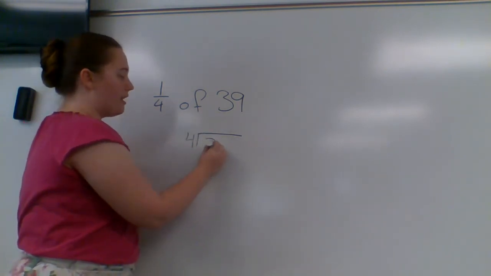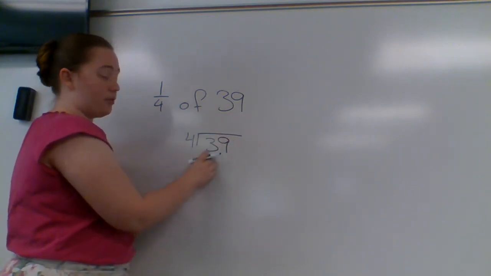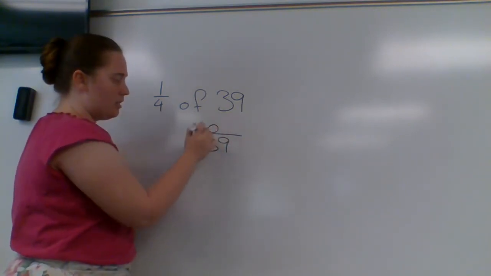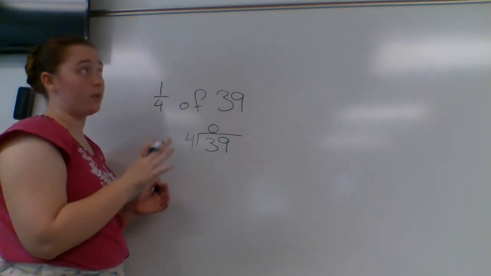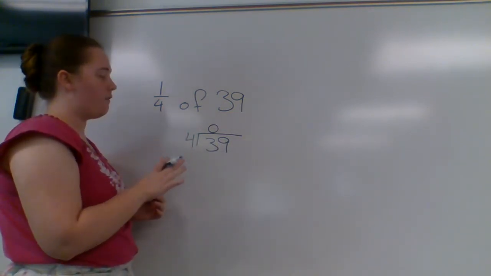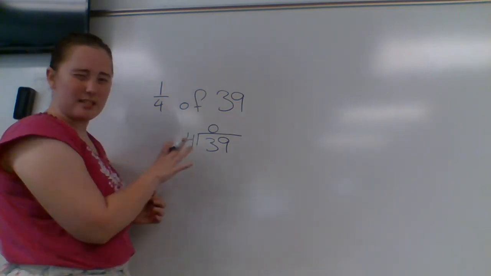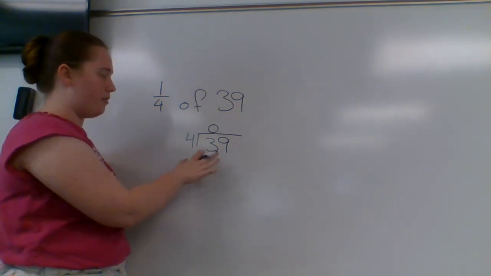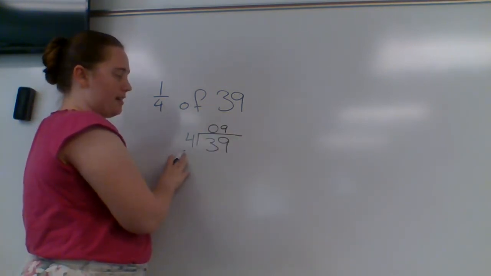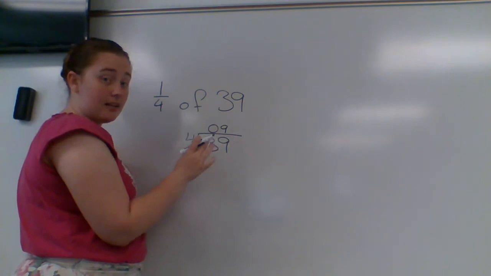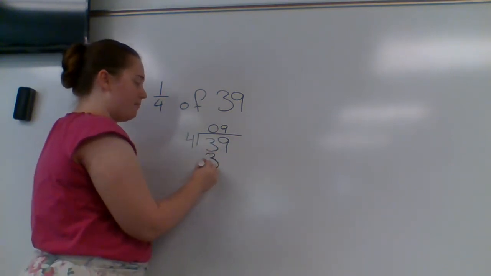So I have 39 right here. 4 will go into 3 0 times. So 4 will go into 39. We'll have 4, 8, 12, 16, 20, 24, 28, 32, 36, 40. So 36 was really as close as I could get before going over 39. So I believe that's 9. 4 will go into 39 9 times, and 4 times 9 is 36.